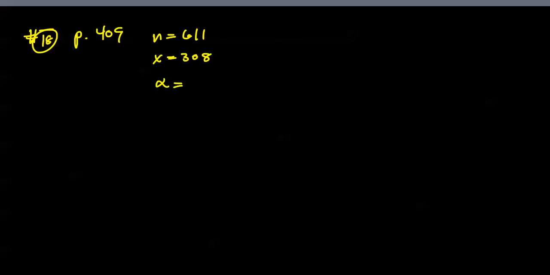Use a 0.1 significance level to test the claim that among all voters, the percentage who believe they voted for the winner is equal to 0.43. Well, percentage is like a proportion. I'm going to say the proportion equals 0.43, or 43%. This will translate to a null claim.